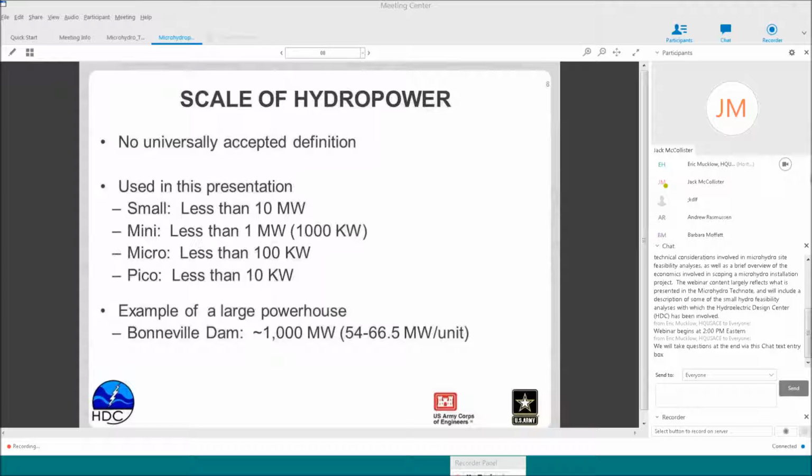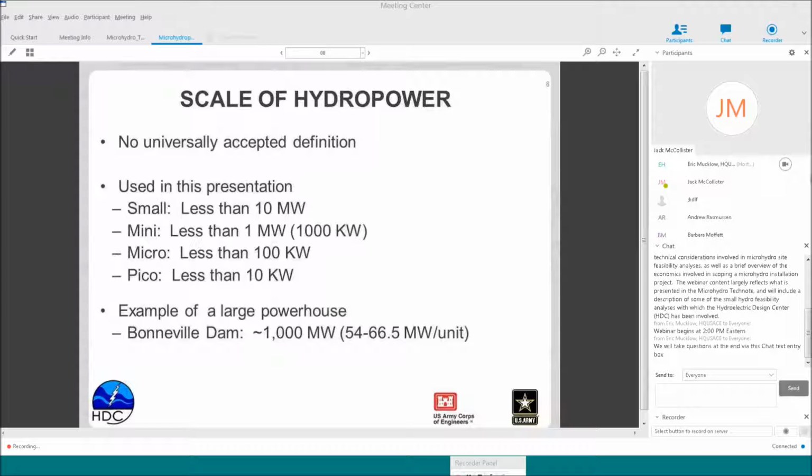For comparative scale, the larger utility-scale powerhouses that we work with may range from several dozen megawatts to in excess of 1,000 megawatts. For example, the installed capacity of Bonneville Dam on the Columbia River just east of Portland is a little over 1,000 megawatts.